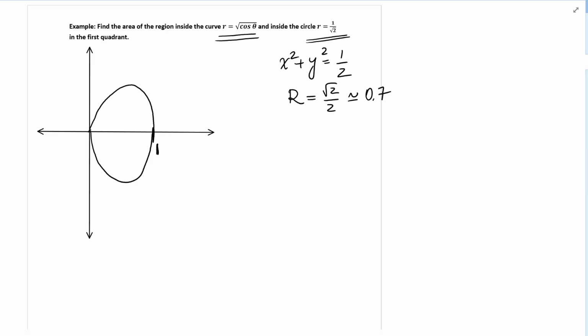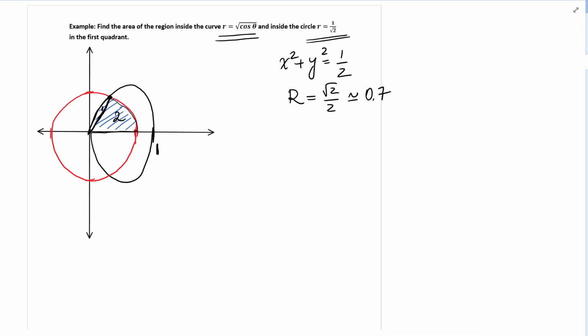So if this is 0.7, and this is 0.7, then this would be the circle that you are looking for. So the area that we are looking for is this area. If I split it like this, then I would have to add 2 areas, this area and this area.